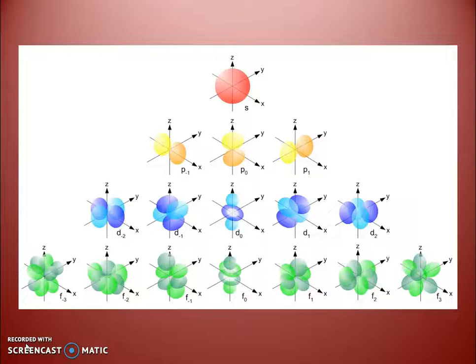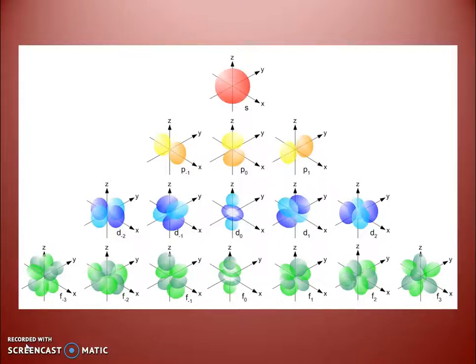The D sublevel we call a clover shape. It looks kind of like a 4-leaf clover, with the exception of that one in the middle. And again, it appears in the 3rd energy level, and there are 5 orbitals in every D sublevel, all the way up through the 7th energy level. And then lastly, the F sublevel, there's 7 of them. They appear in the 4th energy level, and all the way out to the 7th. Again, anytime you're in an F, there's going to be 7 different orbitals within it.